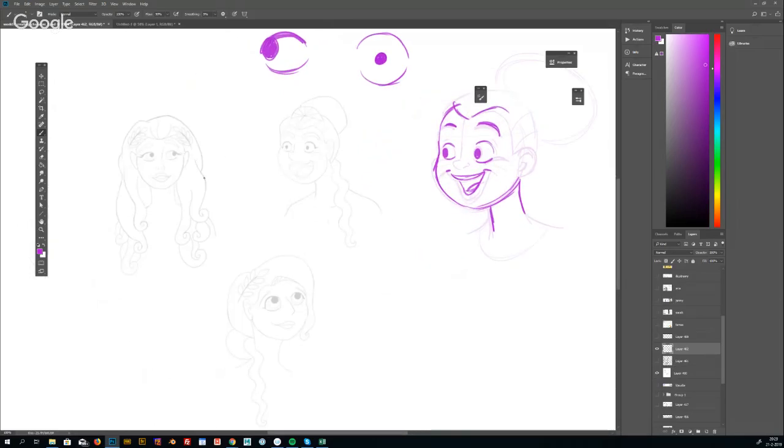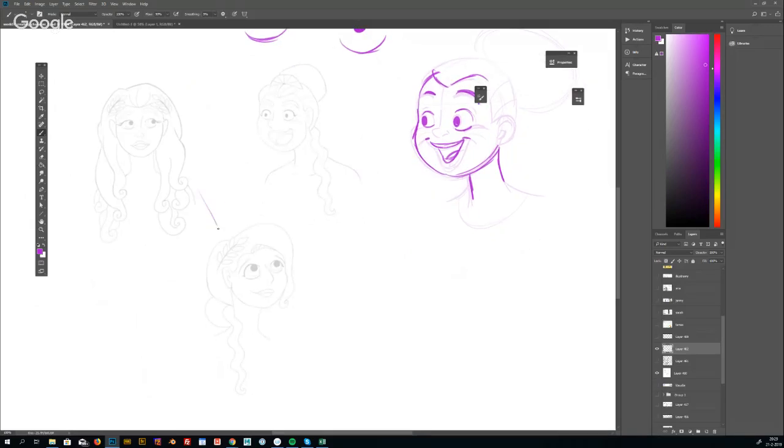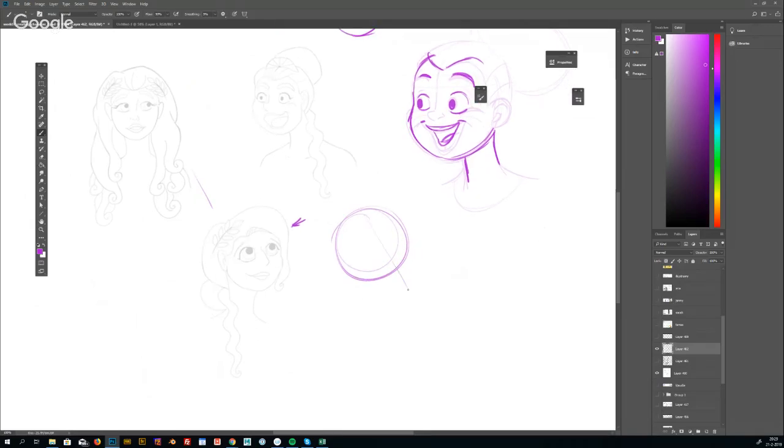So these two are also really nice. I like that you tried to make this head looking up. So if you take this head here like this, and then here let her look up.